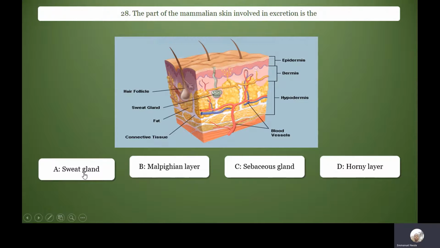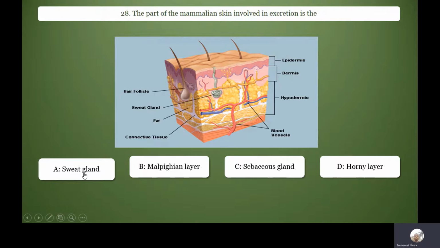Actually, the process of sweating helps to cool the body. It is not the main reason why we sweat. The main reason why we sweat is to cool the body. But excretion becomes another aspect.